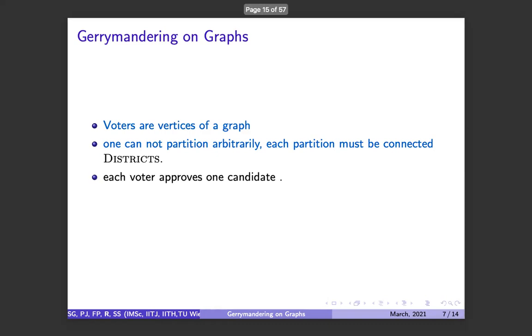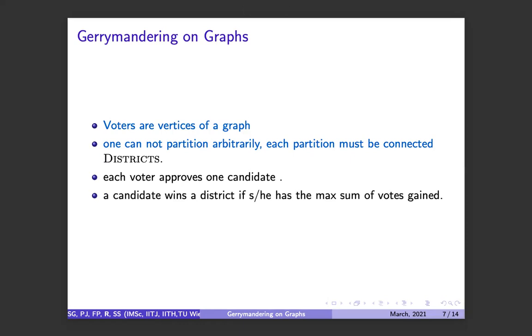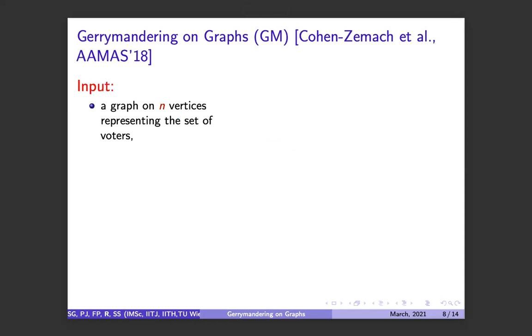Each voter votes for one candidate, as we saw in that example. Whichever candidate has the majority in a district wins it. This problem on graphs was formally defined in 2018 by Cohen-Zemach et al.